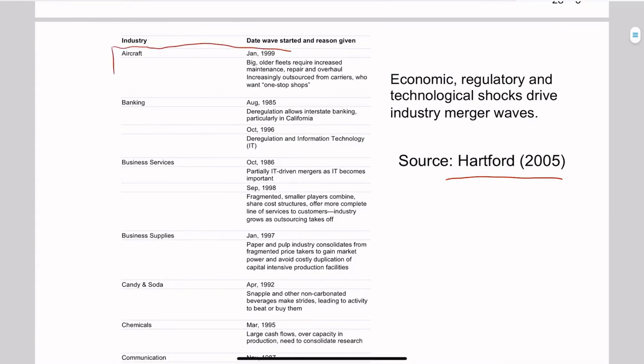For example, there was a merger wave in the aircraft industry around 2000, and it's more related to technology, because big older airplanes require increased maintenance, repair, and overhaul, and the airliners outsourced this, which created this merger wave.